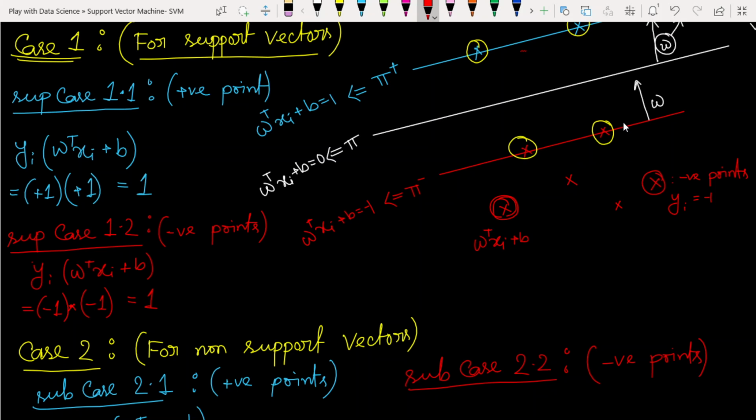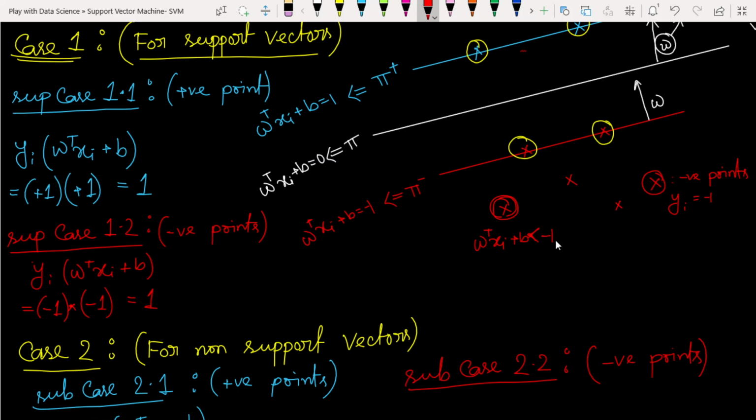Just repeating this: the direction of W is the opposite direction of this point from the plane pi minus. So this value, W transpose xi plus b, will obviously be less than minus 1.